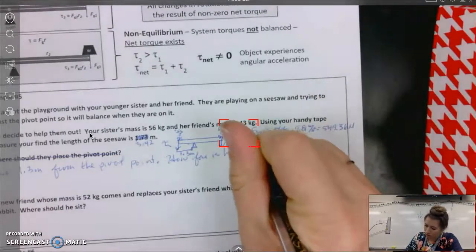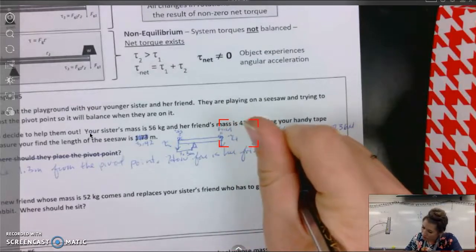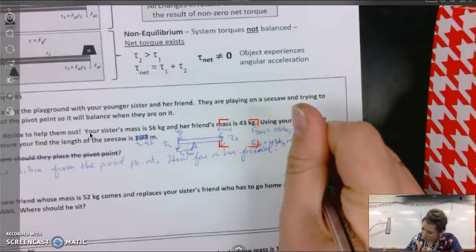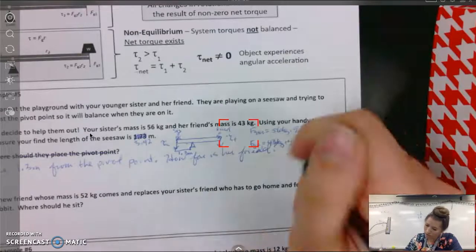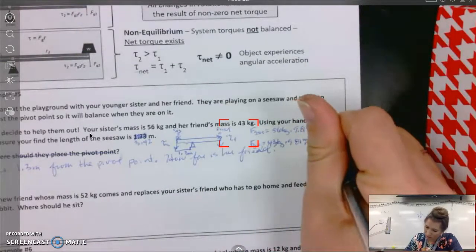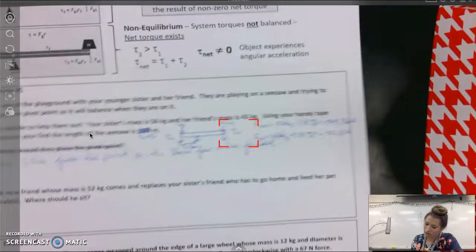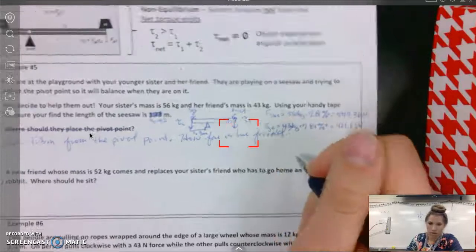And then we can figure out the force due to gravity of the friend, which is 43 kilograms times 9.81 meters per second squared, giving 421.83 newtons. And then I'm going to keep working over here on this side.